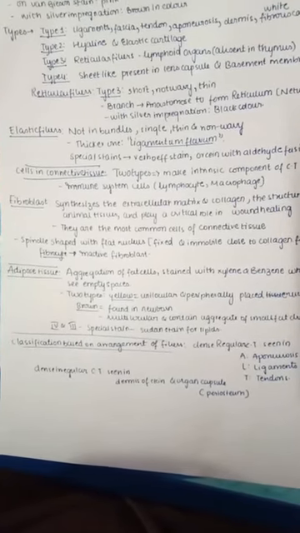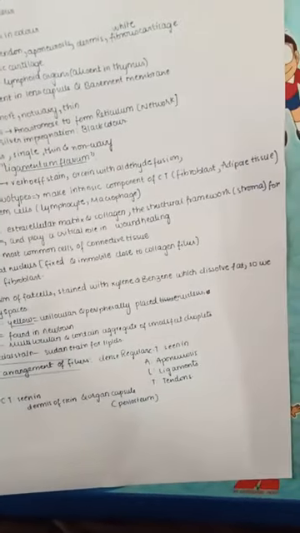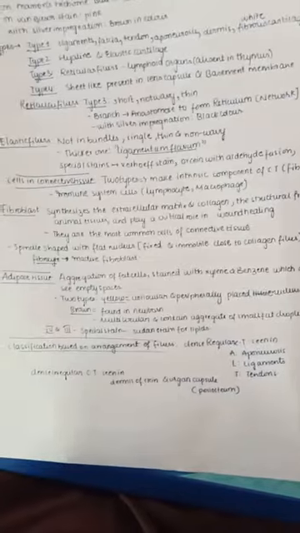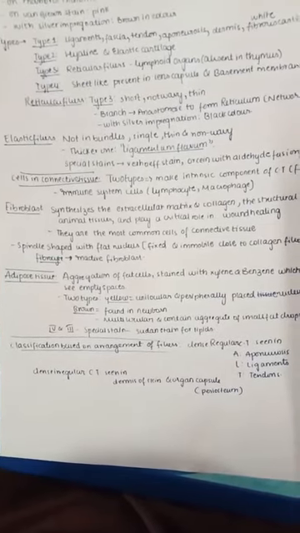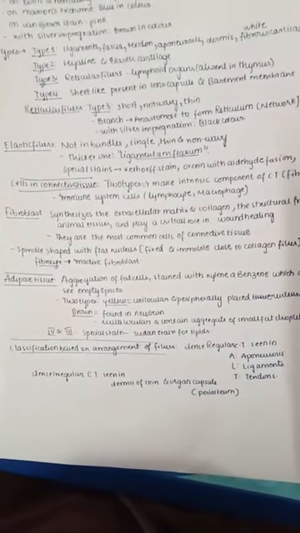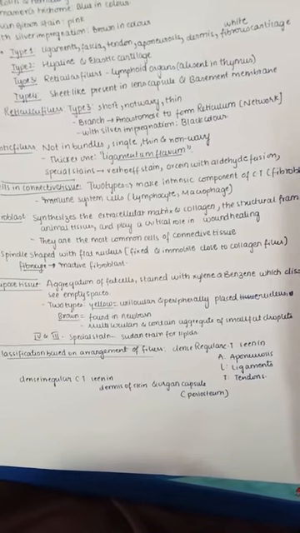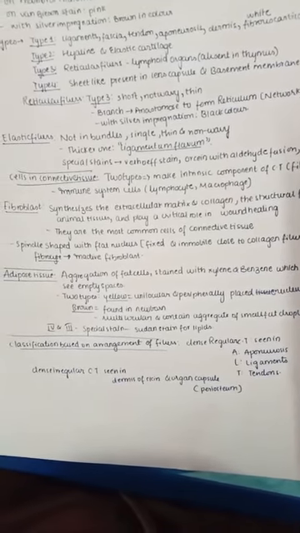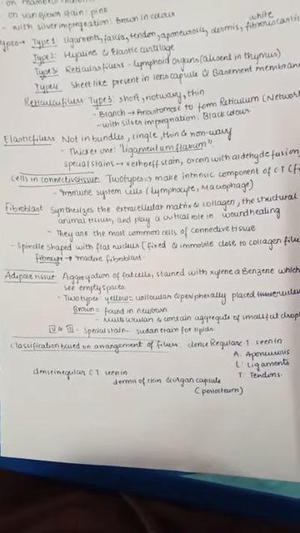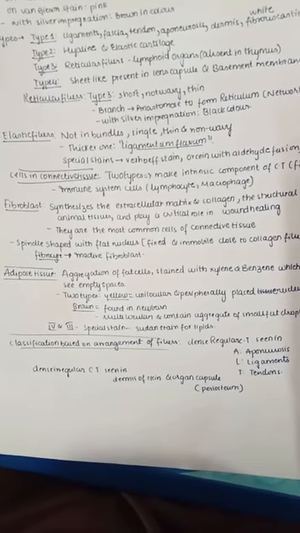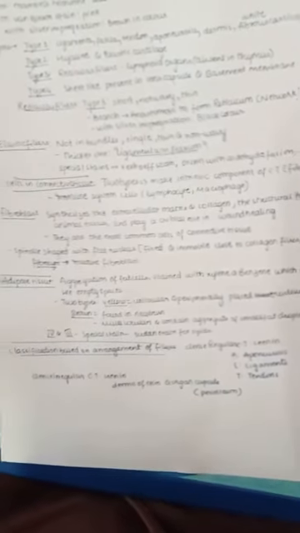Fibroblasts synthesize the extracellular matrix and collagen and the structural framework, that is the stroma for animal tissue, and also play a critical role in wound healing. They are the most common cells of connective tissue. They are usually spindle shaped with a flat nucleus and they are fixed and immobile, close to the collagen fibers. The fibrocyte is an inactive fibroblast, and the fibroblast is the active form of the fibrocyte.